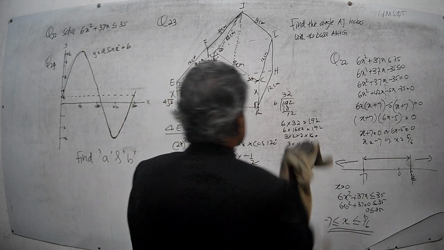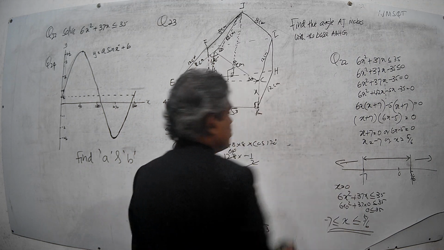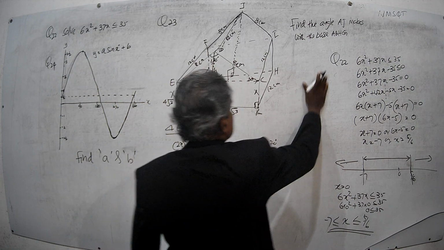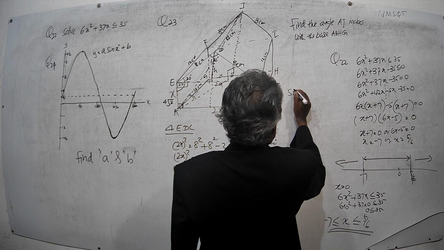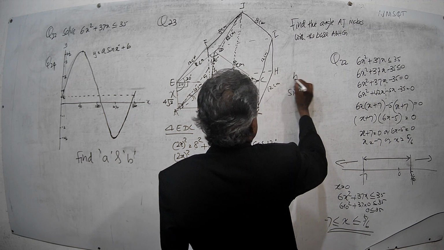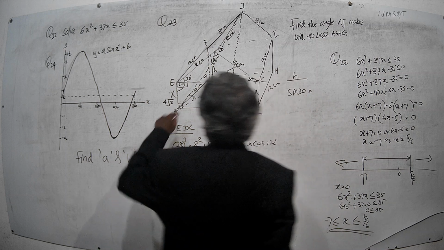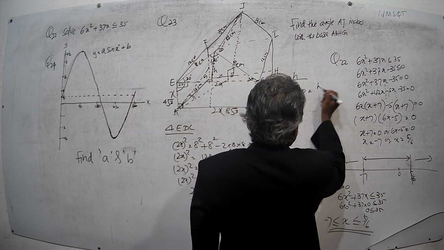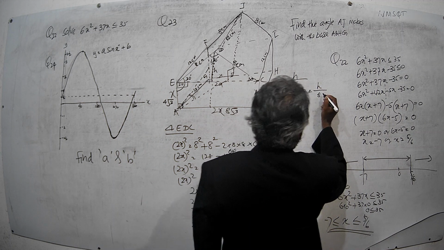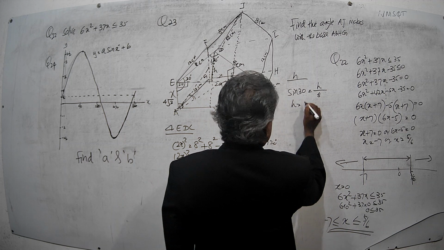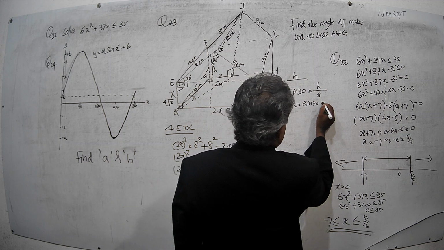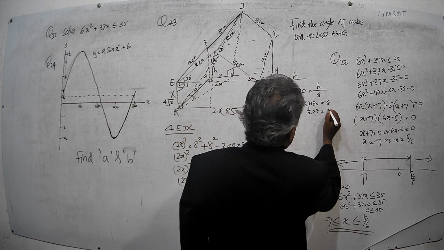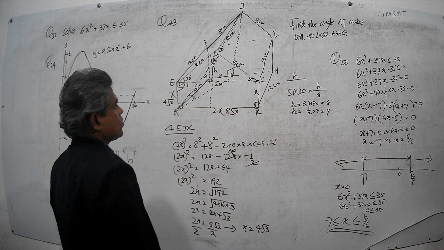Sine 30 equals h over 8, opposite over hypotenuse 8. Then h equals sine 30 times 8. Sine 30 means half, times 8, that means 4. So h is 4.